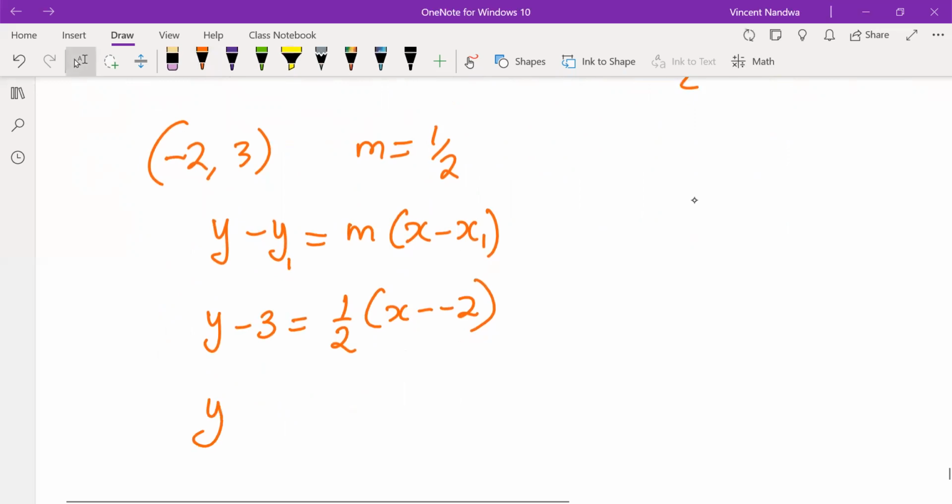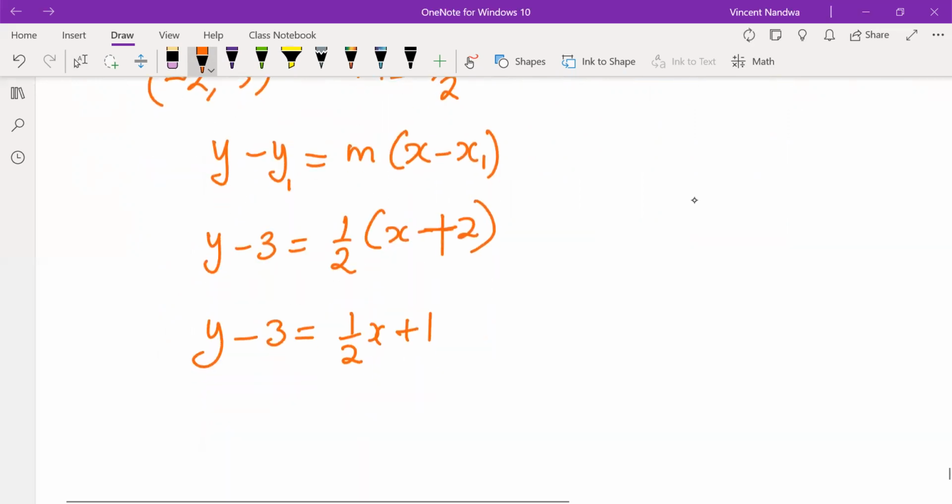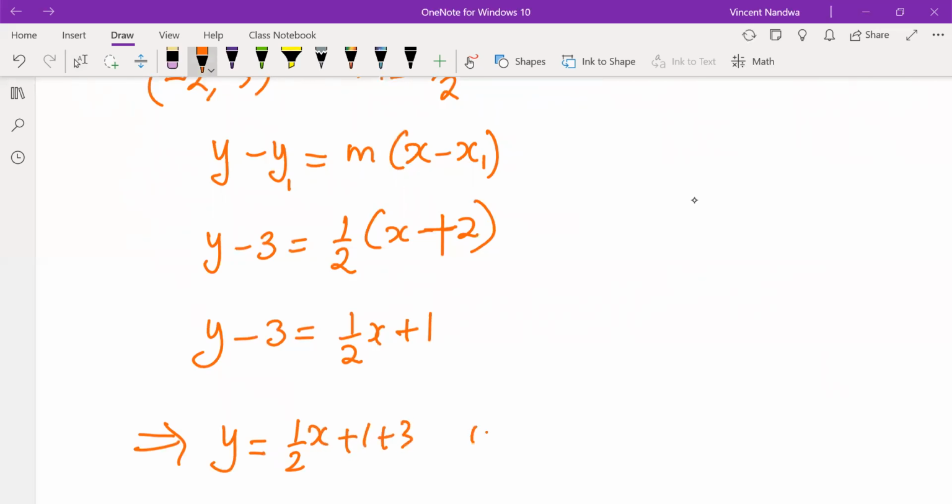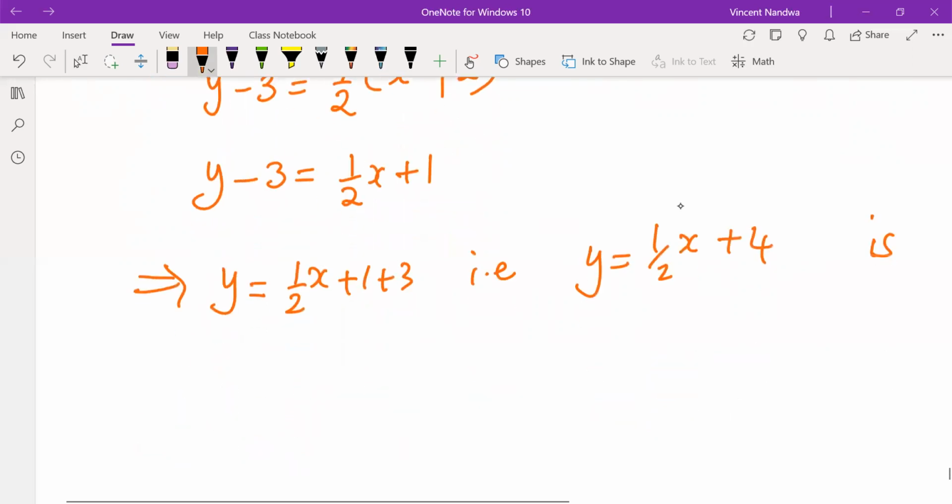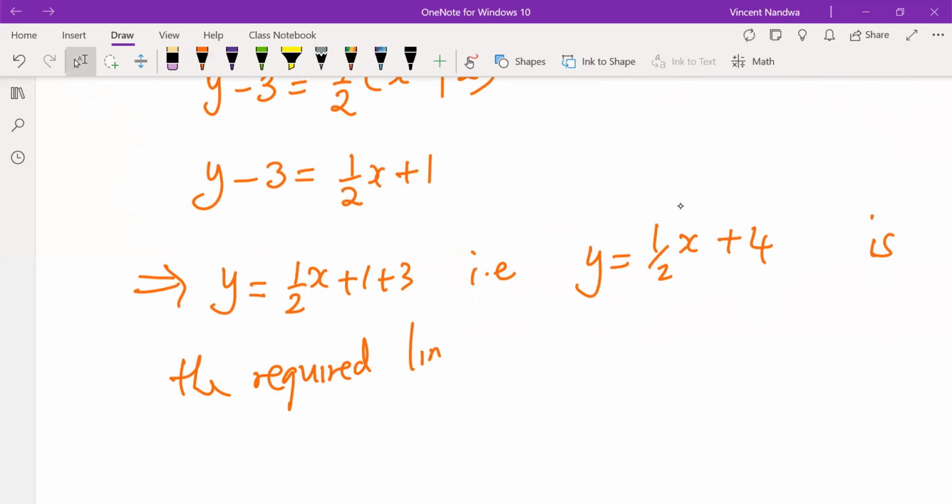So y minus 3 is 1/2 x, now minus minus is plus, 2 times 1/2 is plus 1. So which implies y equals 1/2 x plus 1 plus 3, that is y equals a half x plus 4, is the required line.